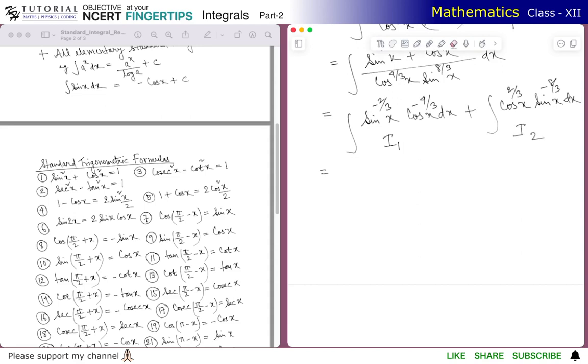So let's solve them individually. We have 1 equals the integral of sin to the power minus 2 by 3 x cos to the power minus 4 by 3 x dx.